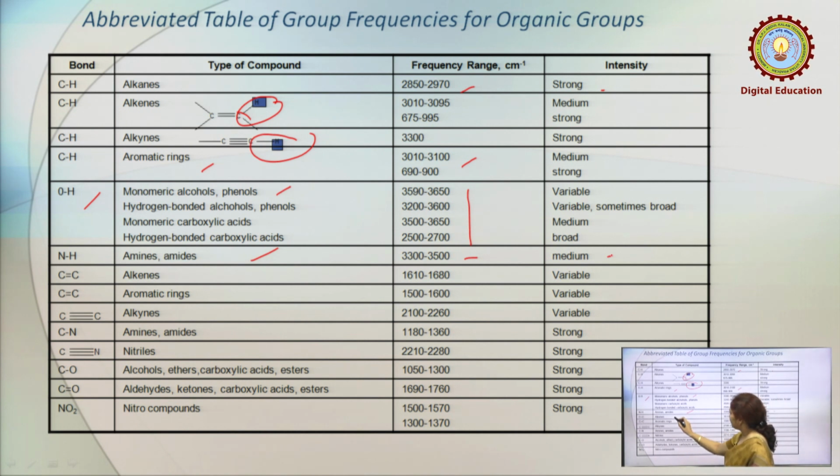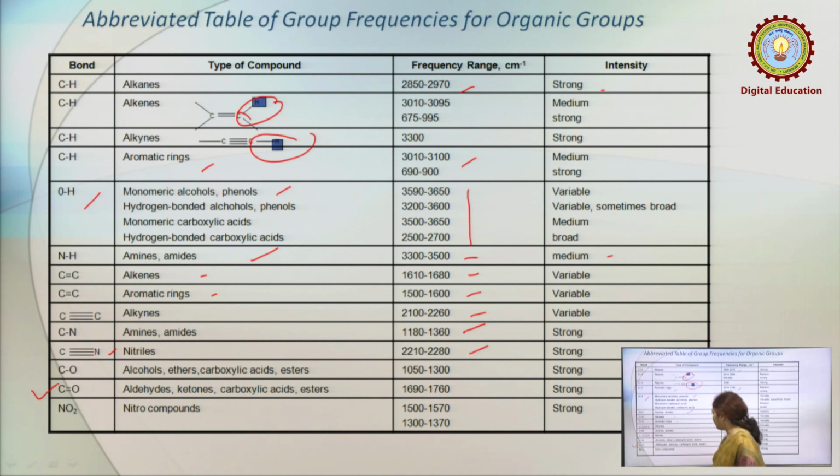C double bond C for alkenes, this is the range. C double bond C, aromatic ring, this is the range. For C triple bond C alkynes, this is the range. CN for amines and amides, C triple bond N for nitriles, this is the range.